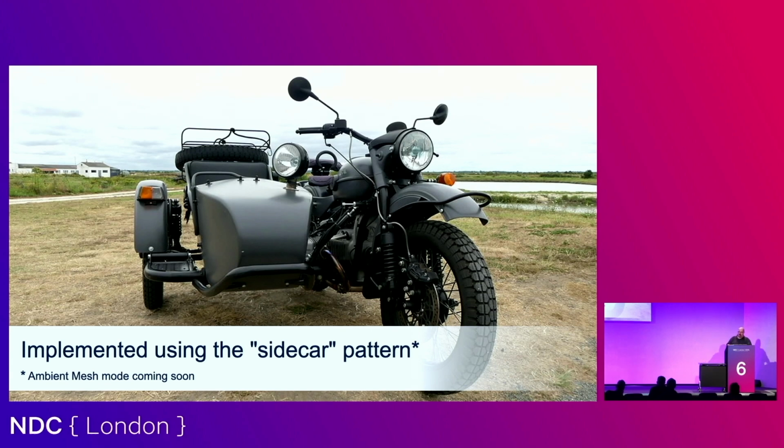It's not production ready yet, for instance, for Istio, but that's something that's coming, and that basically eliminates the need for a separate container. It does things a little bit cheaper. It can do it with less resources, but as I said, it is not production ready right now. So for now, we're going to look at the sidecar implementation pattern.